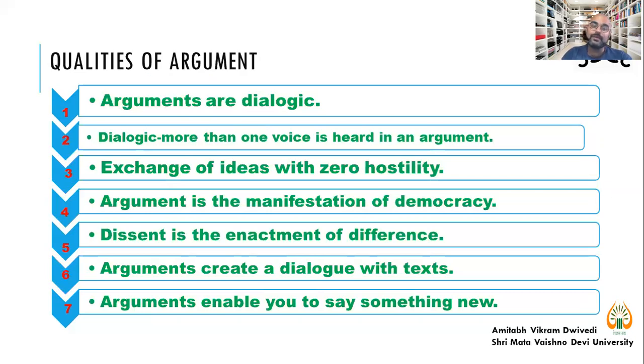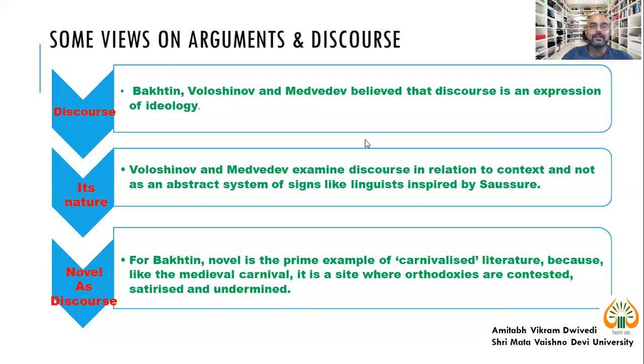That means you need to add something new to the author, to the text, then more than one voice will be heard. And then you will exchange your ideas about the text and about an author. So these are the qualities of an argument. Now there are certain views on arguments and discourse.